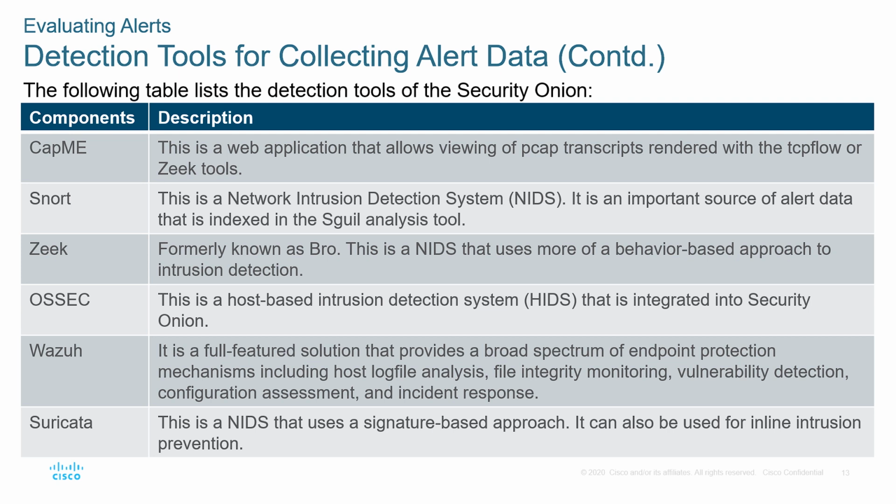Other than that, OSSEC is a host-based intrusion detection system integrated into Security Onion, which is more of an integrity monitoring tool. Sometimes they call it FIM, file integrity monitoring, which helps us to detect any modification done by the attacker or by the malware to the original file system.